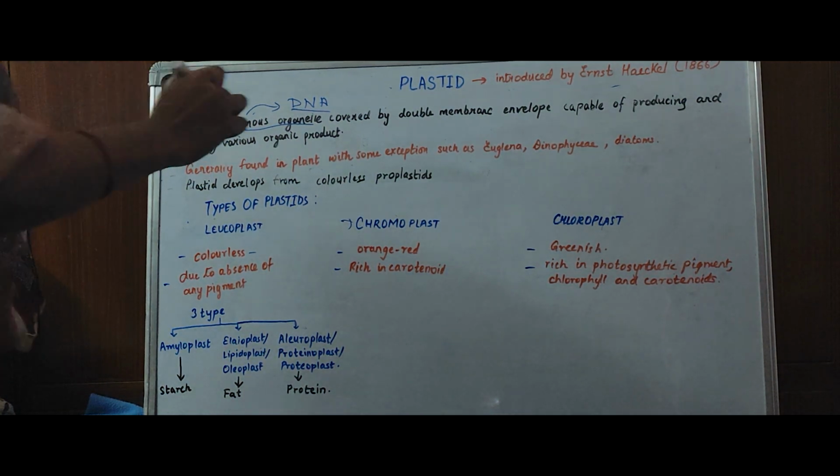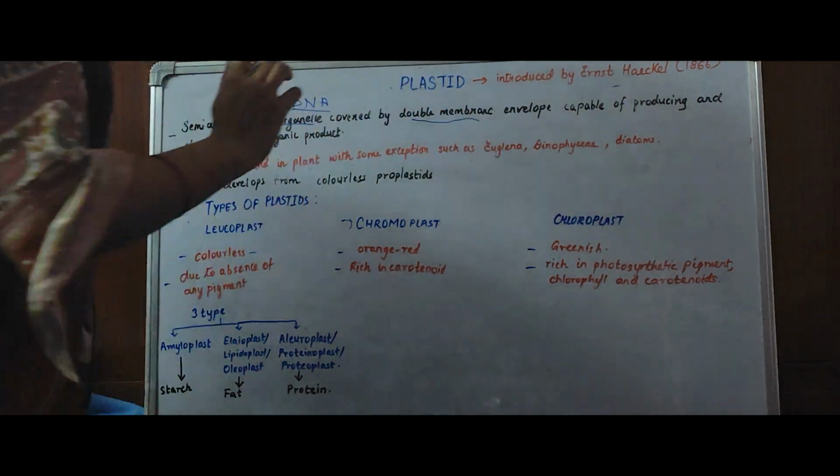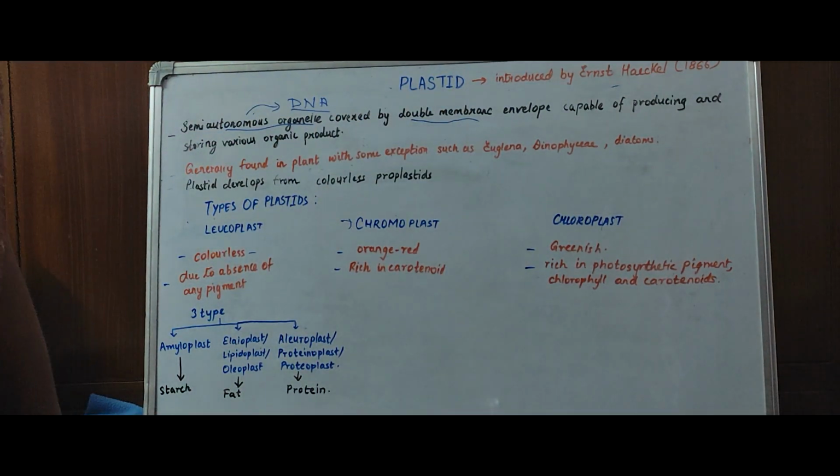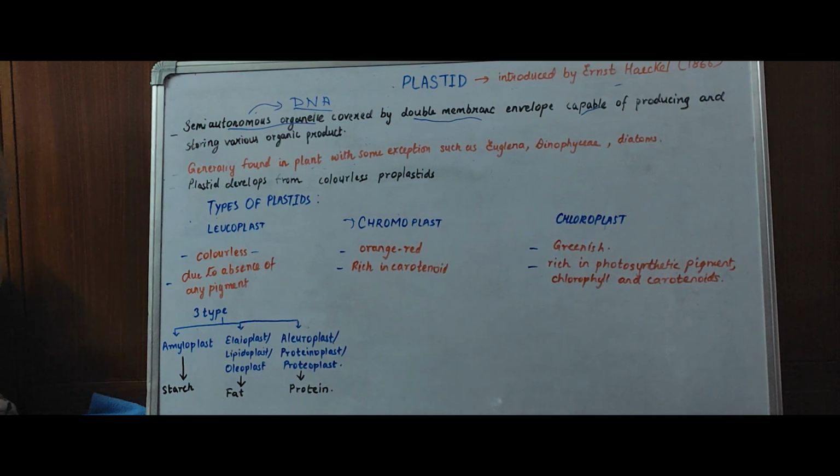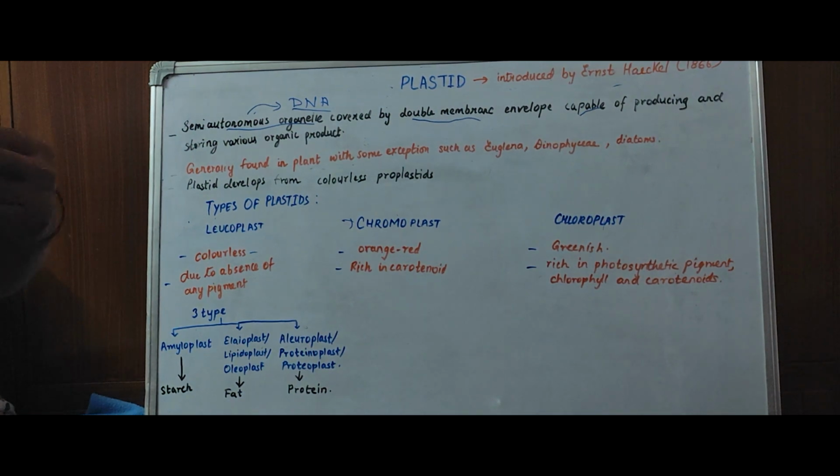Now this organelle is covered by a double membrane envelope, which is around 60 to 100 Angstrom thick, and they are capable of producing and storing different organic products.